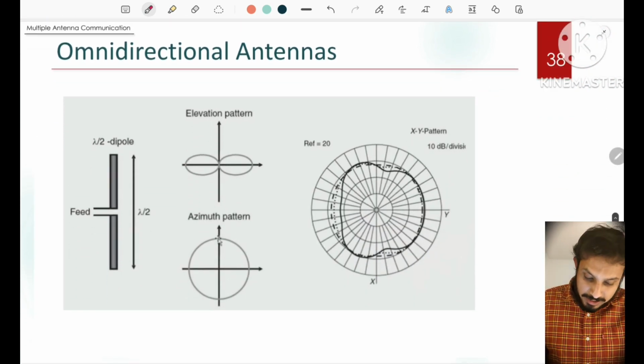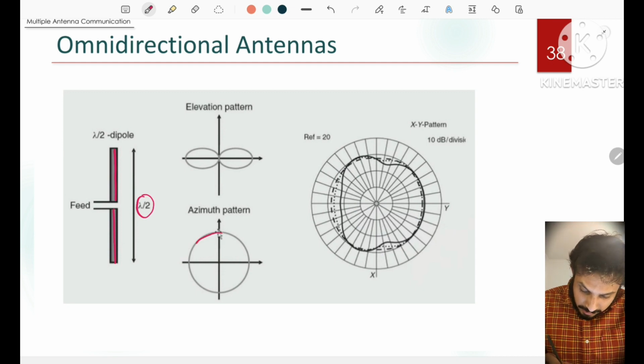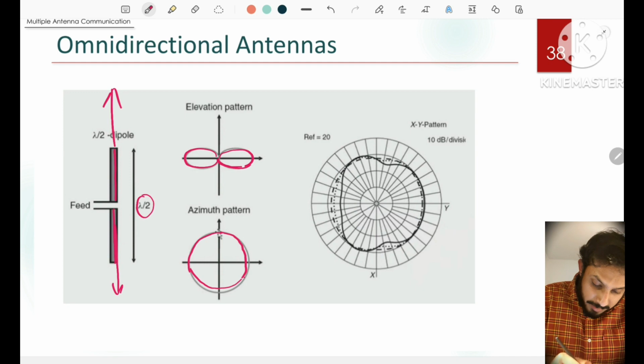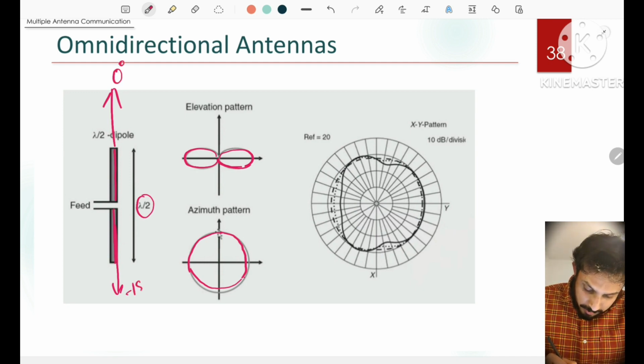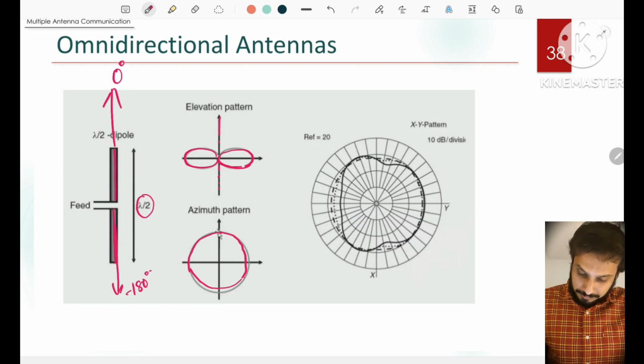Next is the omnidirectional antenna. Omnidirectional antenna is a dipole antenna of size lambda by 2, and it has an equal pattern in the azimuth plane. It achieves maximum gain in the direction perpendicular to the dipole axis, and this is the dipole axis. So at 0 degree elevation there is maximum gain, and when the elevation is minus 90 degree, there is hardly any gain in this direction.